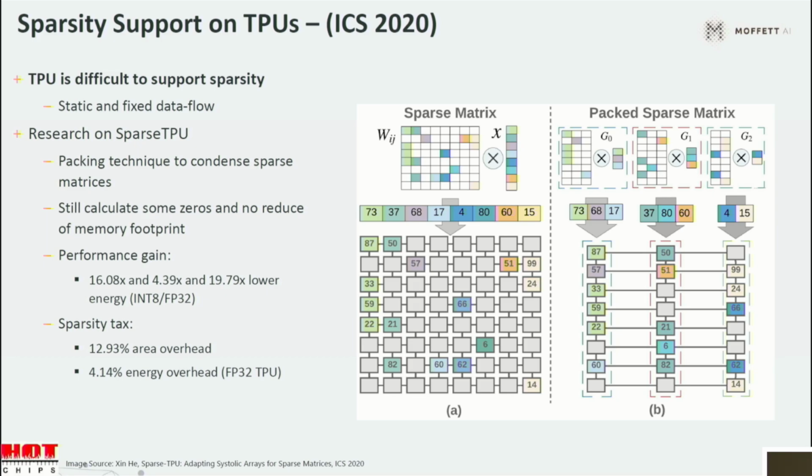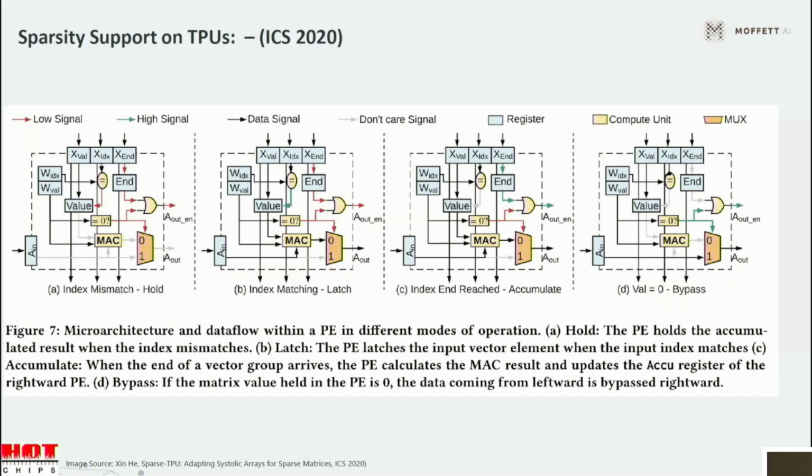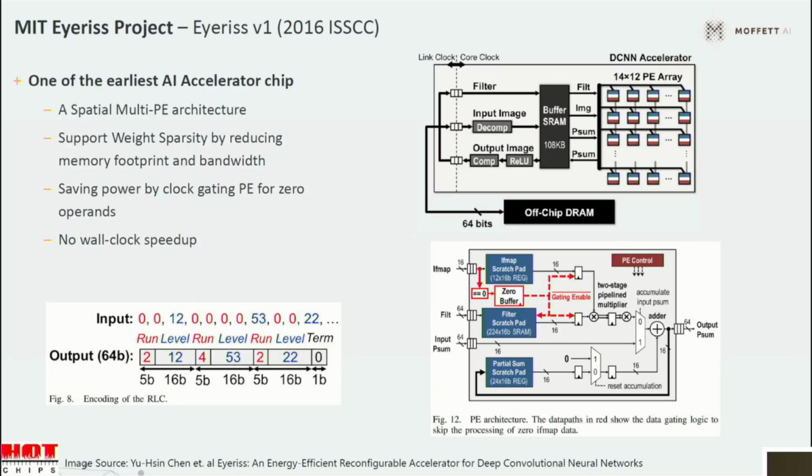They show very good results on this, but since this is academic research, it's not verified in a chip. And they have a somewhat complicated ALU design to support this: you want to latch the input, bypass the input, or do the accumulation operations inside the PE.